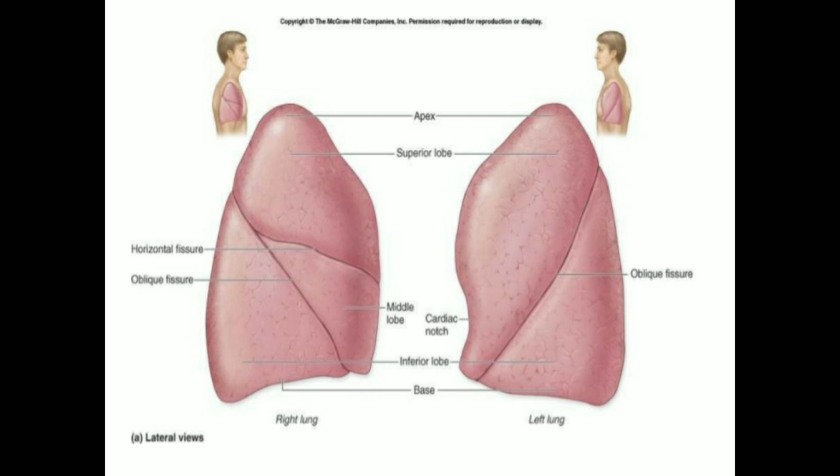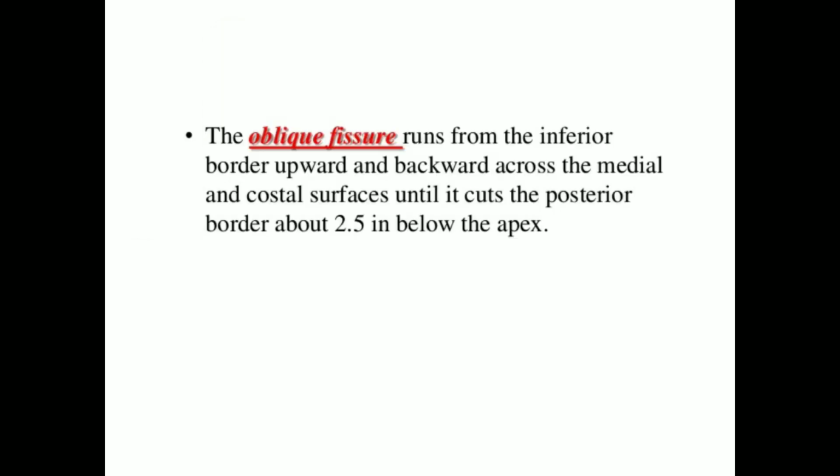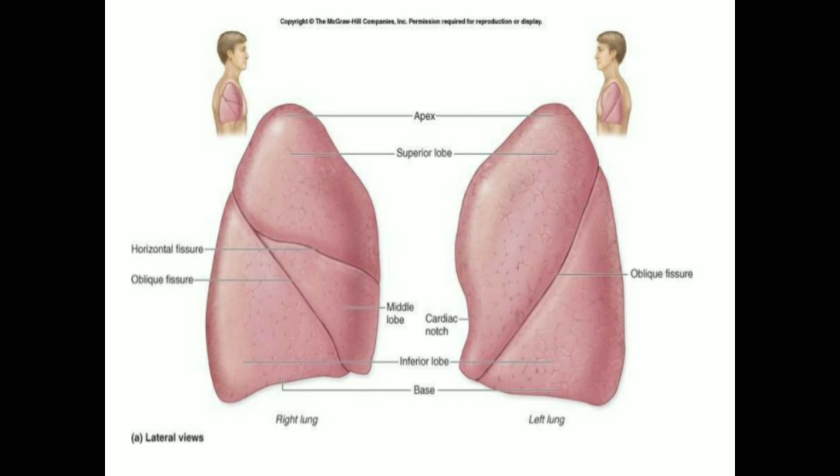There are two lungs, the right and the left lung. The right lung is divided into three lobes by two fissures. The two fissures are called the horizontal fissure and the oblique fissure.